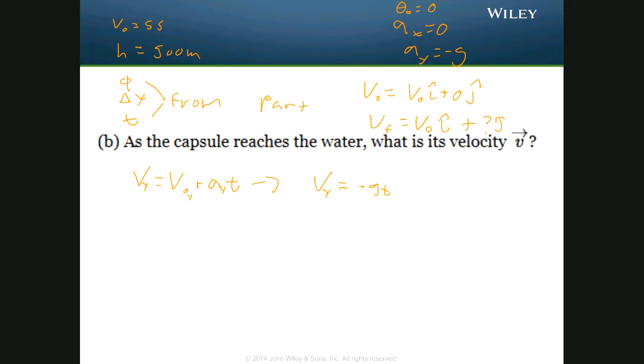And we have t from part A, so we can just plug it in and do the multiplication, and we can see that v equals v naught, our final v, i hat, minus gt, j hat. So part B wasn't so bad, right?